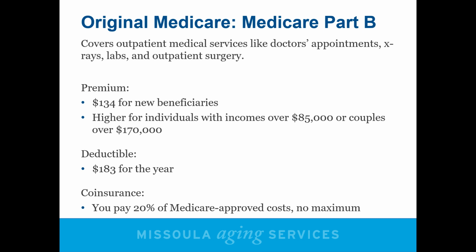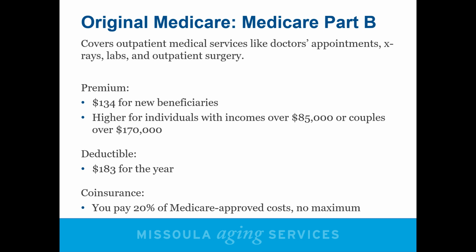Now this is really important. I mean, that sounds like a pretty good deal, right? Medicare's paying 80% and you're paying 20%. But this is probably one of the areas where people have the most risk of potential downside, because there's no cap on that 20%. So you may be paying, in a worst case scenario, 20% of $100,000 or $200,000, right?